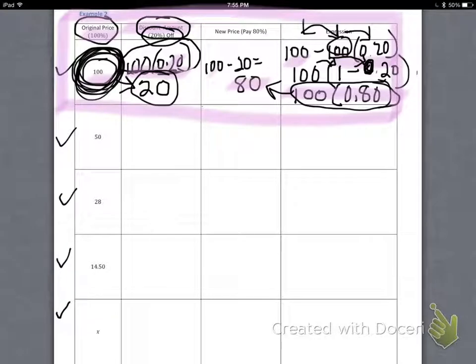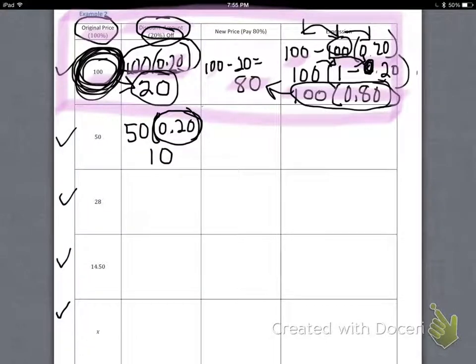So the same thing, we're working with 20% again. So we're going to do 50 times 0.20. I'd love for you to become more and more proficient with this, but if I've already told you that 0.20 or 20% is the same as 1/5, you might understand that 1/5 of 50 is actually 10.